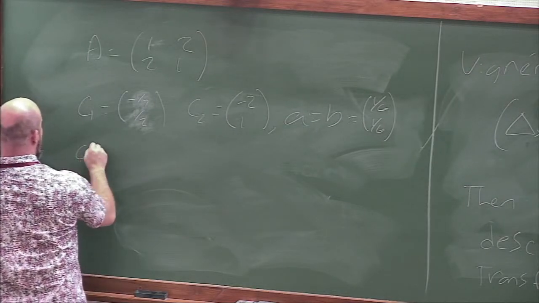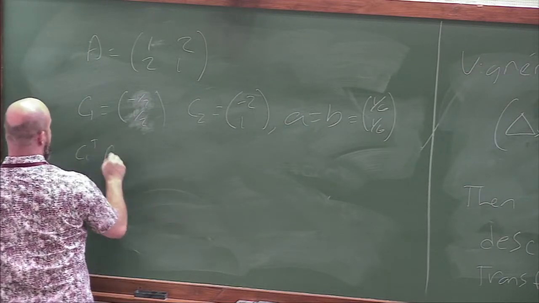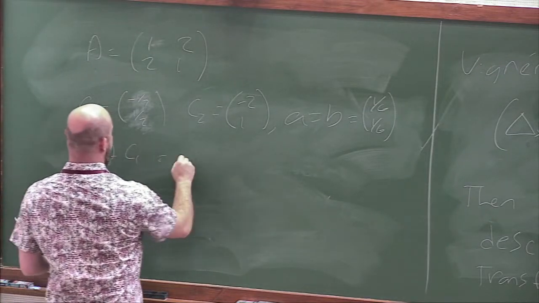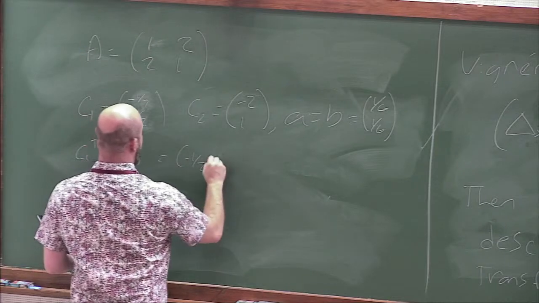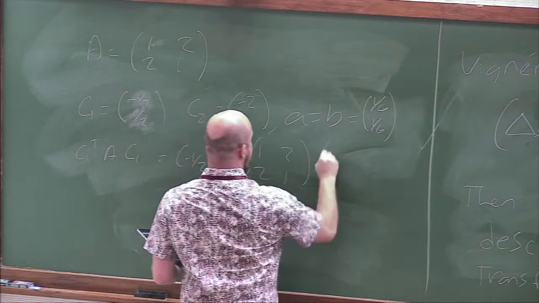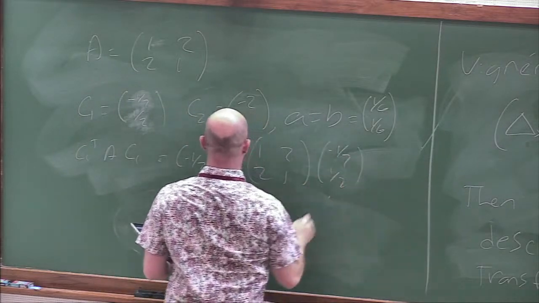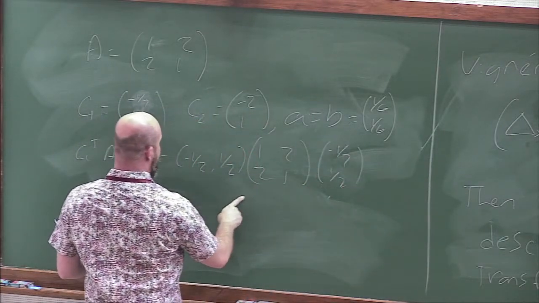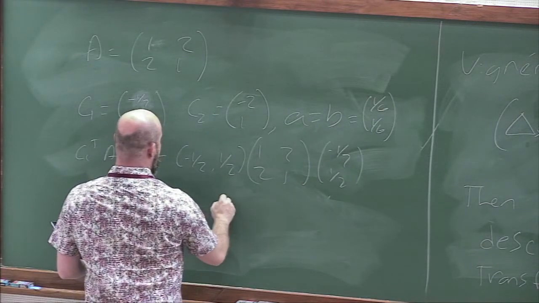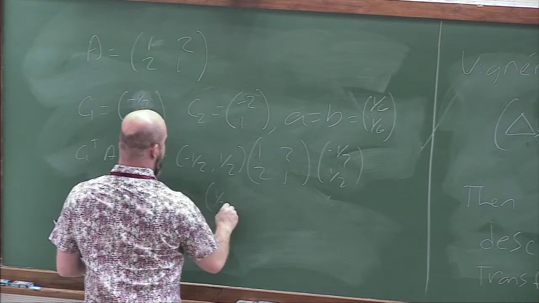So C1 transpose times A times C1 is going to equal, minus 1/2, 1/2, times 1, 2, 2, 1, times minus 1/2, 1/2. On this side, I'm going to get 1 minus 1/2, and so that becomes a 1/2.